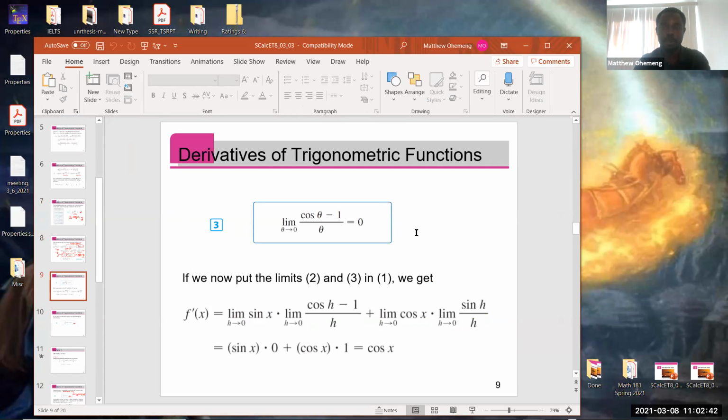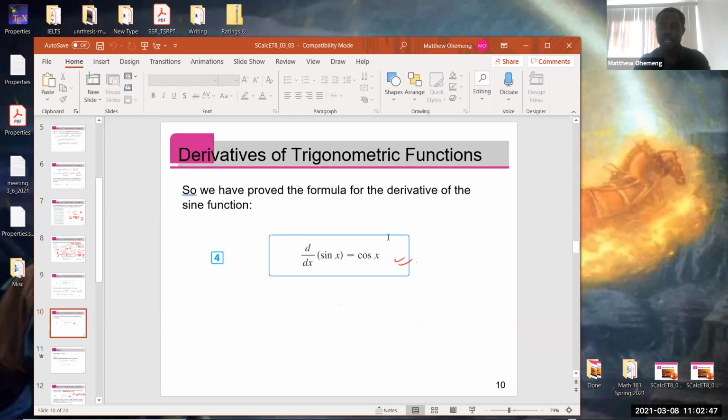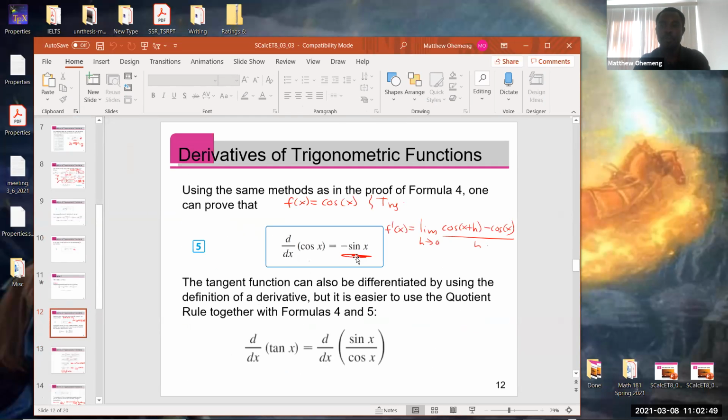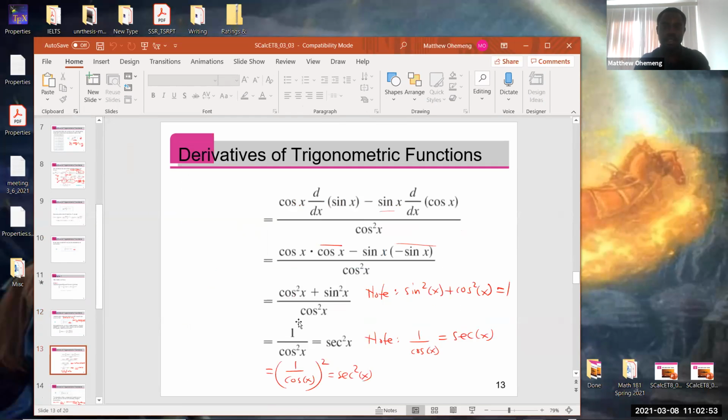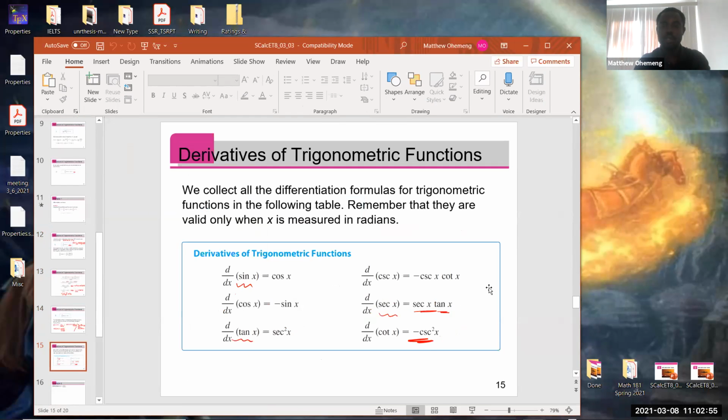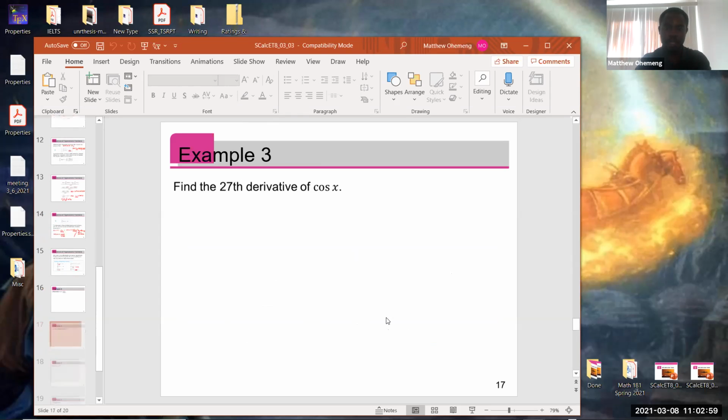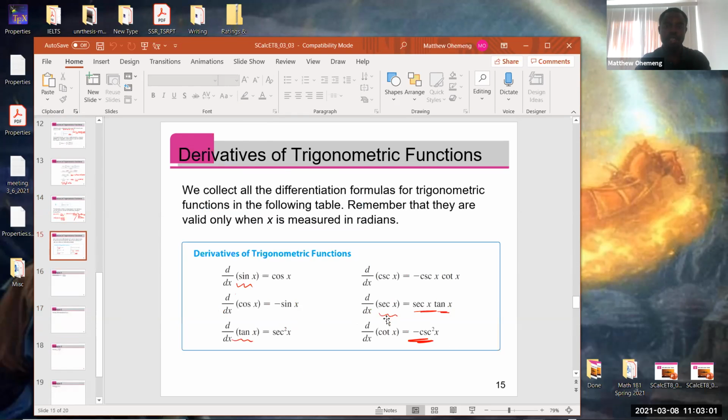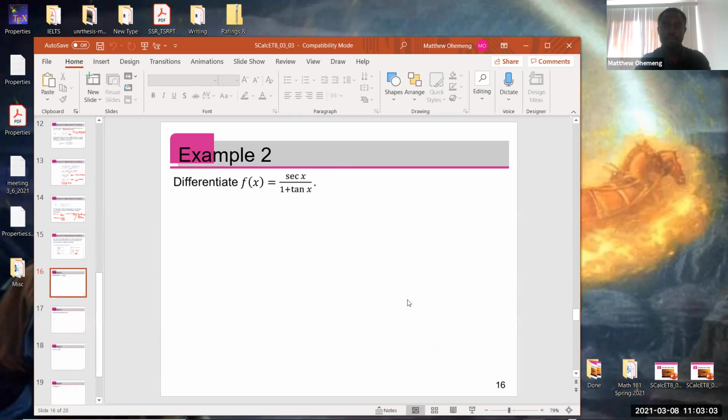From these two, we were able to obtain the derivative for sine and for cosine, and then we moved on to use the quotient rule to find the derivative of the other trig functions. So that led to these 6 rules. We wrap these up and then we're going to look at these examples. That's where we ended the last time.